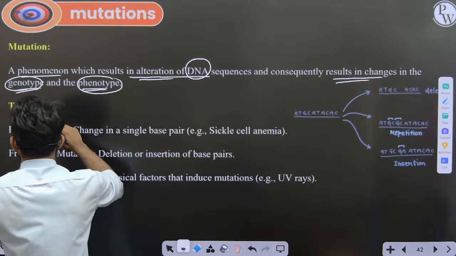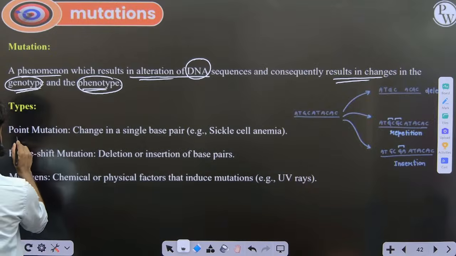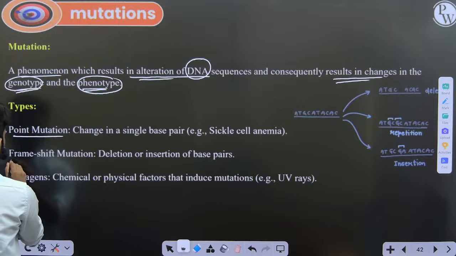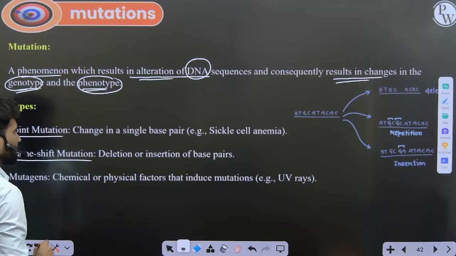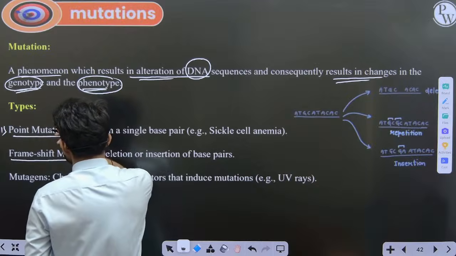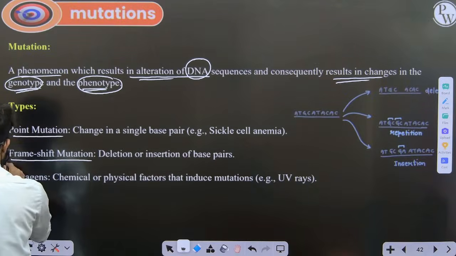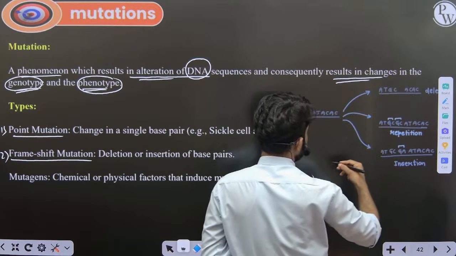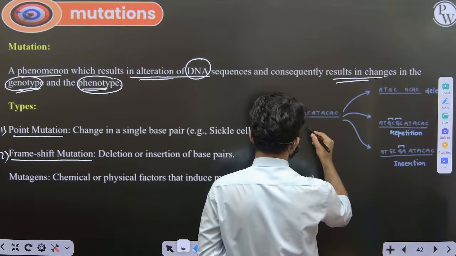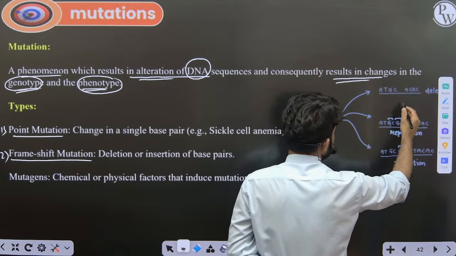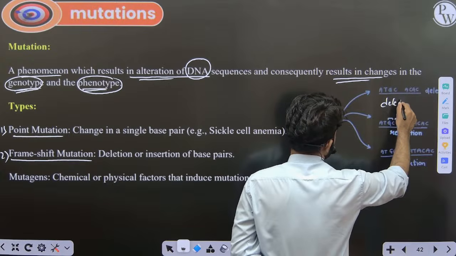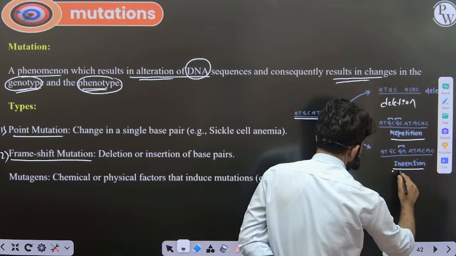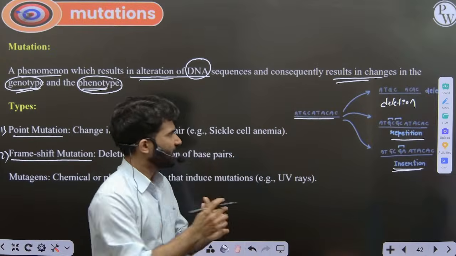There are different types of mutations. The first one is the point mutation, and another one is the frame shift mutation. These are caused by different processes, called deletion, repetition and insertion. Suppose you take a particular DNA segment.